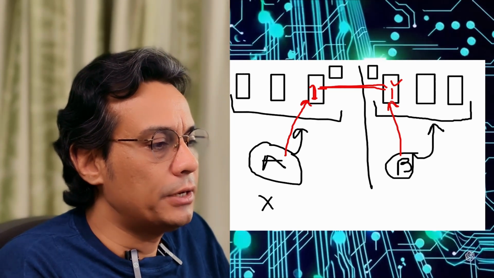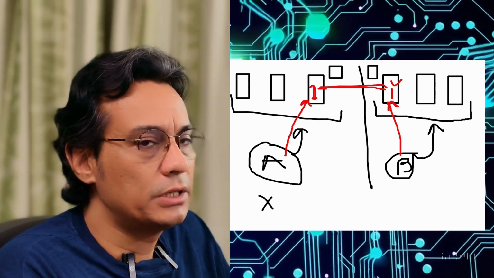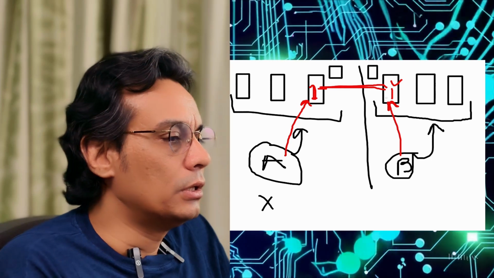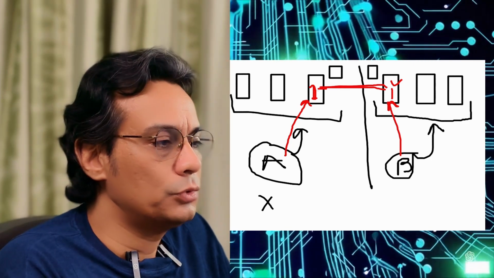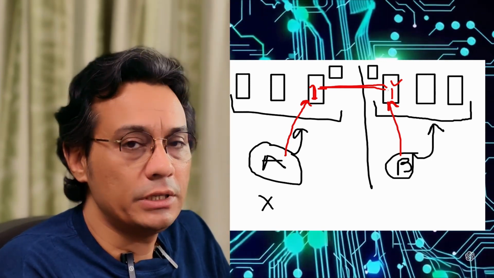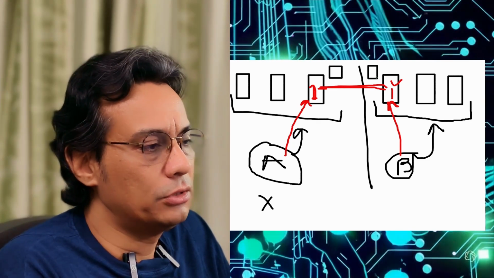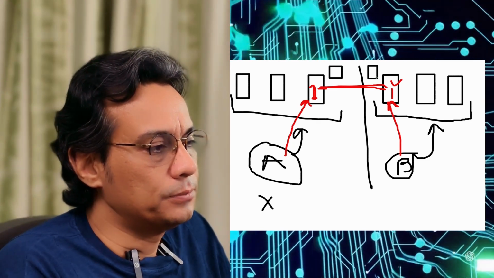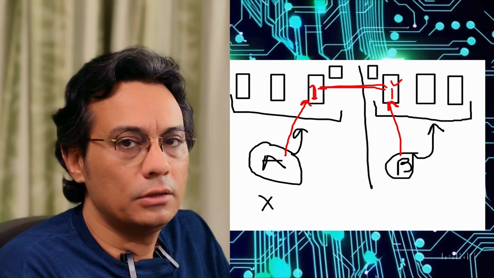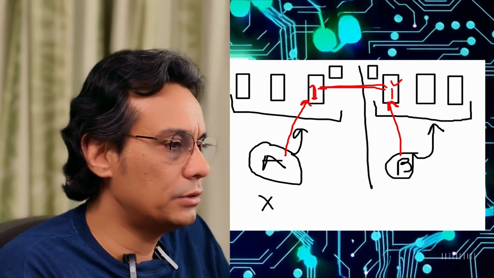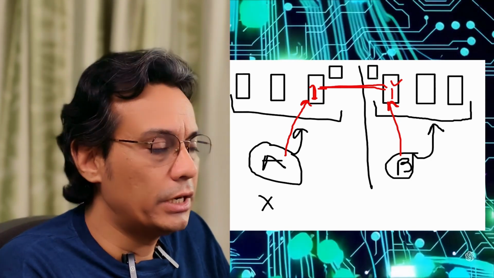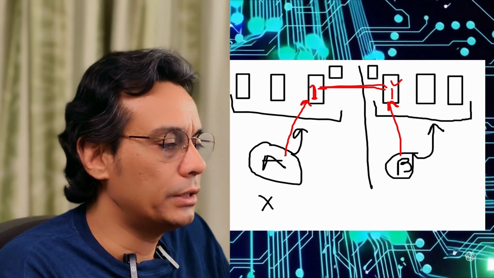But it is not consistent in the strict sense, because while the data is being written here or traveling, if you access it at the same time you could get different data. So consistency is not guaranteed here, but it is very close to that.